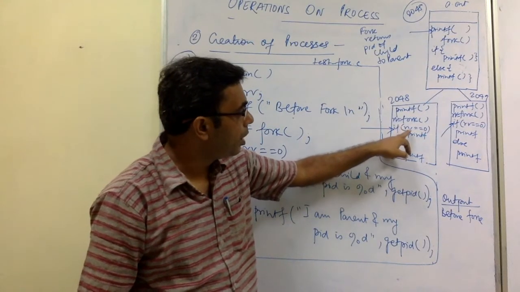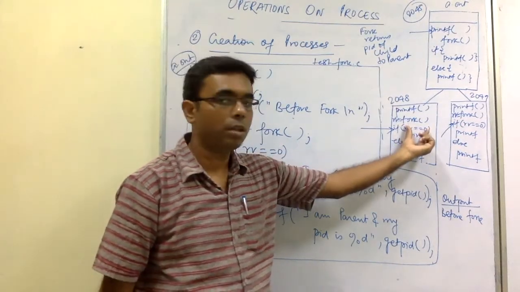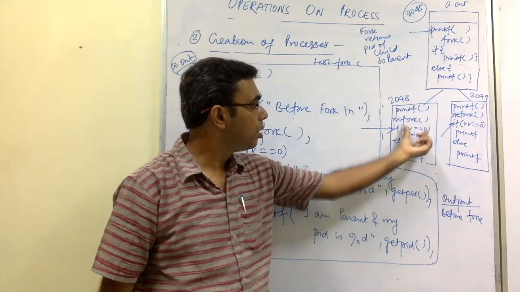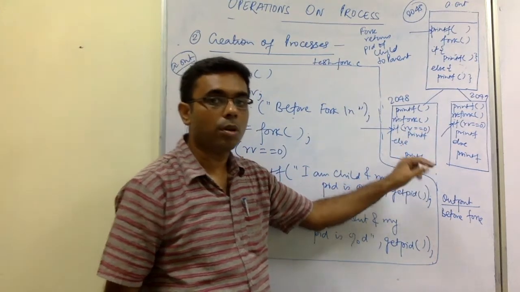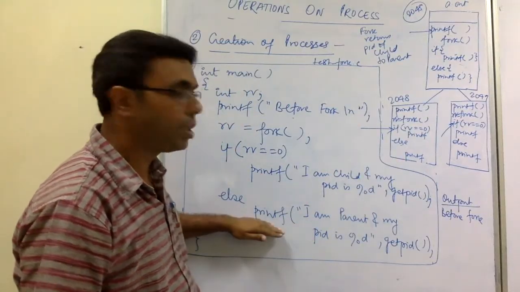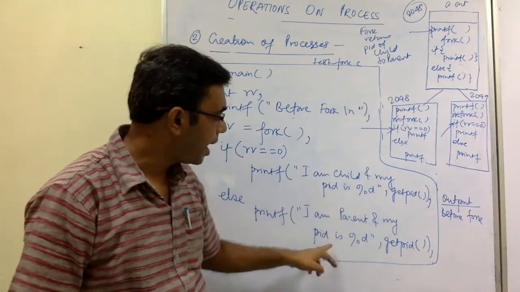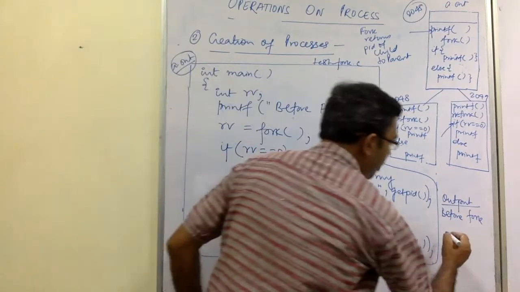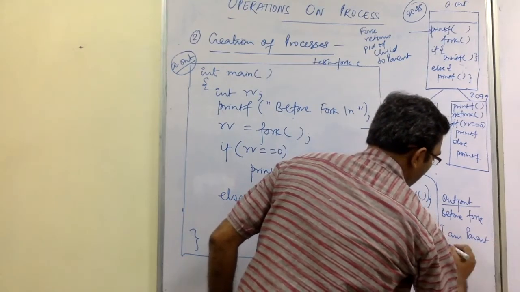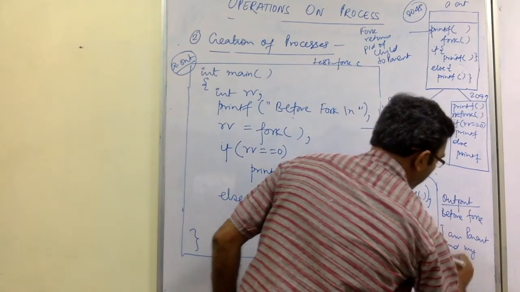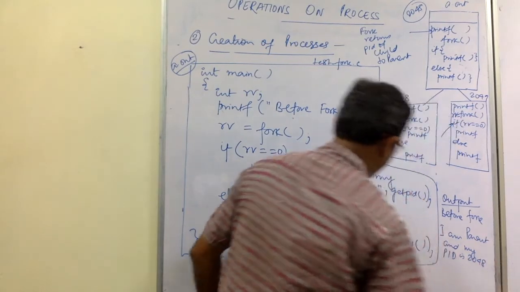Because the return value of the fork for the parent process is not equal to 0, this condition is false, so you execute the printf statement within the else block. What you print here is I am parent and my PID is 2048.